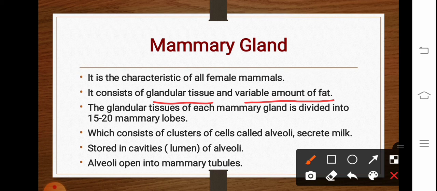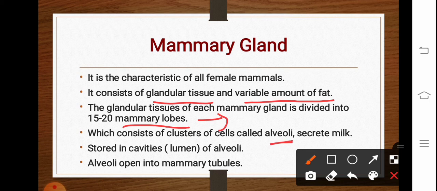The glandular tissue of each mammary gland is divided into 15 to 20 mammary lobes. These mammary lobes consist of specialized clusters of cells called alveoli.